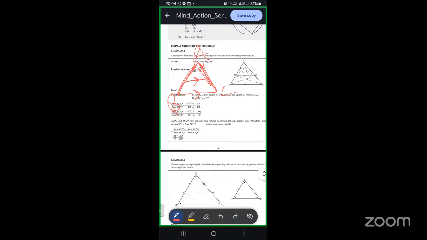That's the proportionality theorem. If we are given that in triangle ABC, PQ is parallel to BC, we can conclude that AP over PB is equal to AQ over QC. So we now have to prove that this is true.